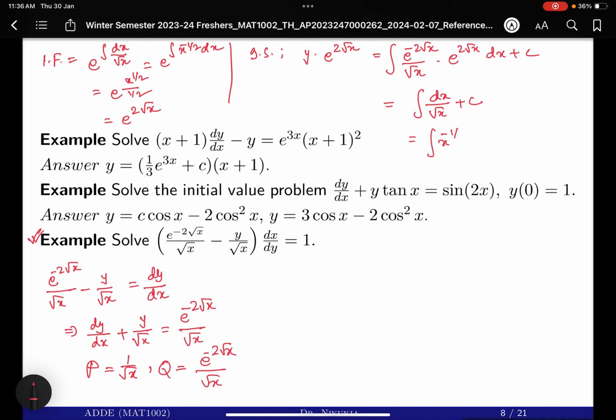So this is nothing but x power minus half dx plus c. So from here you will get x power half by half plus c. So if you further simplify, you will be getting y is equal to e power minus 2 root x times (2 root x plus c). This will be the final solution.